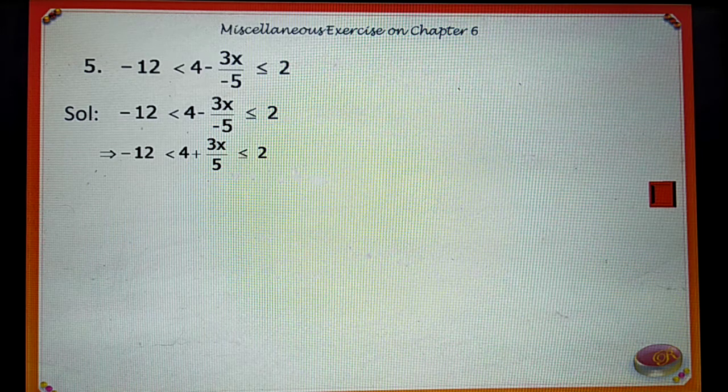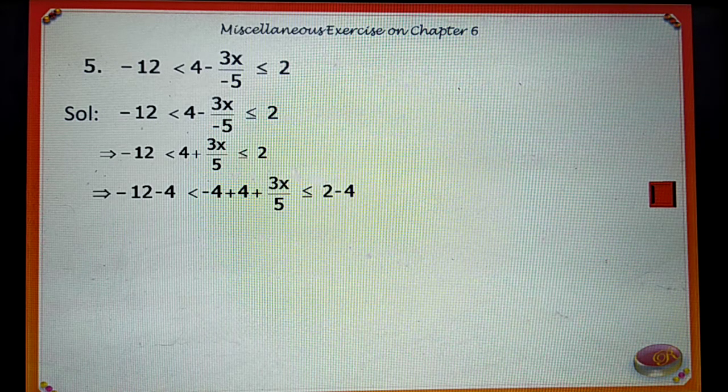Implies minus 12 minus 4 is less than minus 4 plus 4 plus 3x by 5 is less than or equal to 2 minus 4. Implies minus 16 is less than 3x by 5 is less than or equal to minus 2.